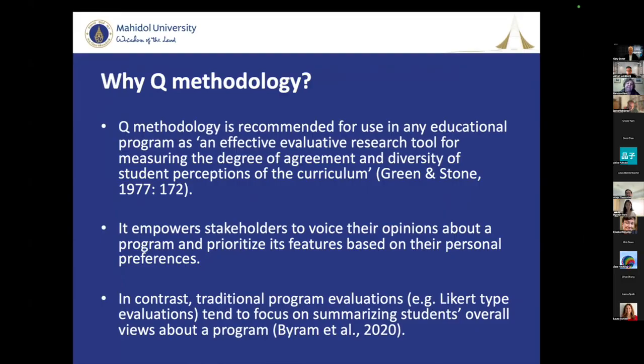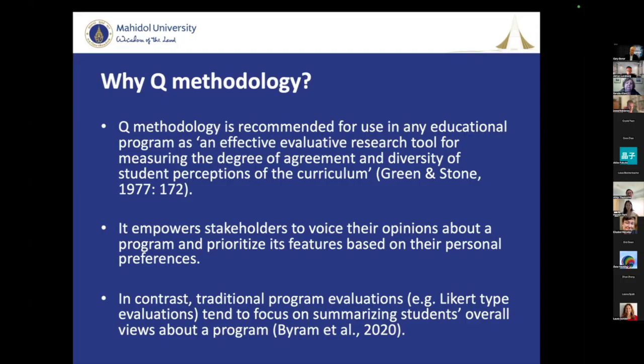They had to respond to different items, but what we haven't learned much is the area where improvement is actually needed. And also there's a problem with social desirability, because they know that we expect them to rank highly in every item. That's why most of the time the result would be like strongly satisfied with different aspects of the program.